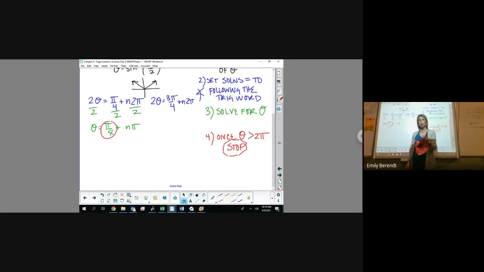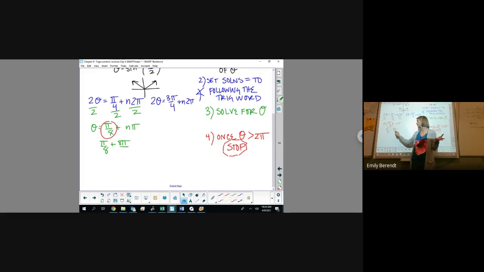It then says that you get another possible answer every pi after that. So we take pi over 8, and we have to add pi to it. But to be able to add pi to pi over 8, they have to have the same denominator. So we would need, what is pi equal to in terms of pi over 8? 8 pi over 8.